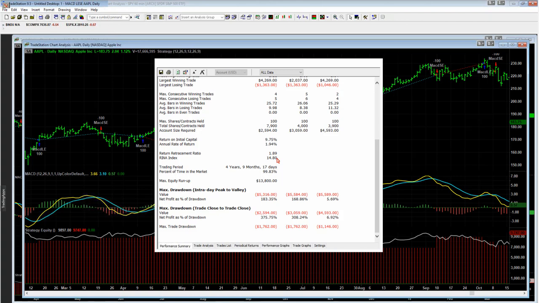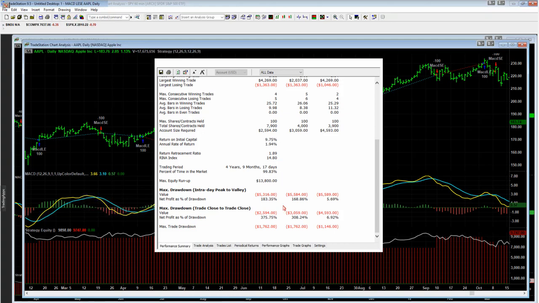So if I'm comparing a trending strategy like MACD to a trending strategy like a 2-line moving average cross, I can look at the RENA score and see which one has a better score for risk reward to time in the market. So it's used to compare two different strategies. It's not used to say this strategy is good or bad. It's used to say this strategy is a little better than that strategy for risk reward to time in the market.